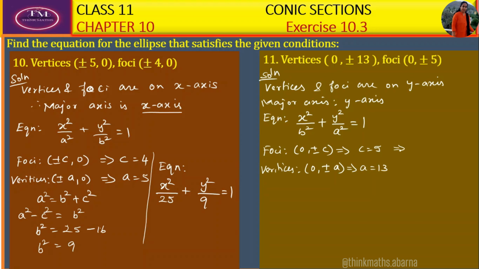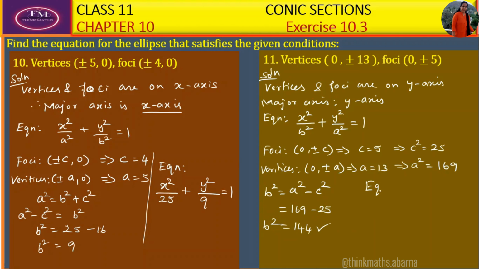So this means c square equal to 25 and a square equal to 13 square, which is 169. Now we know b square equal to a square minus c square. So a square is 169, c square is 25. So we get 144. So b square is 144.